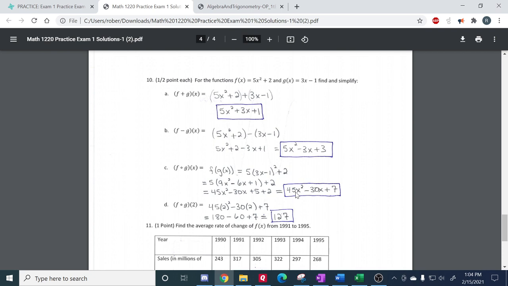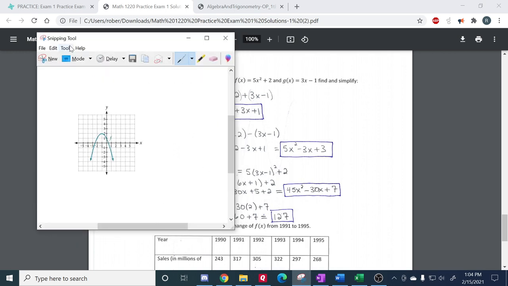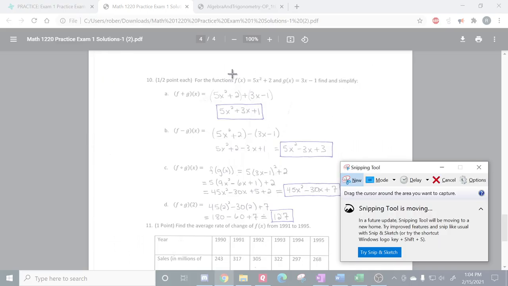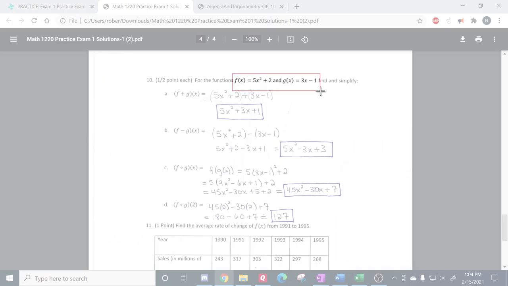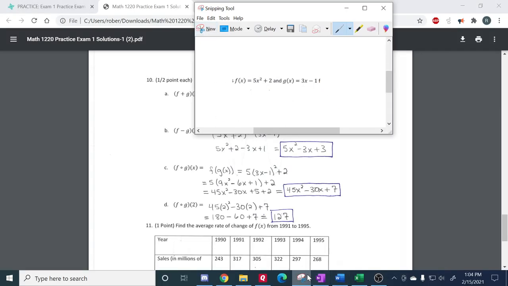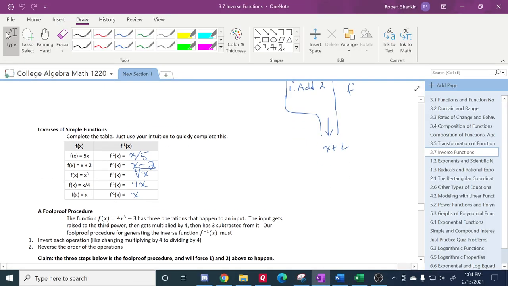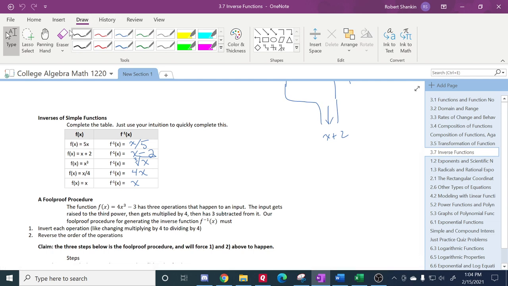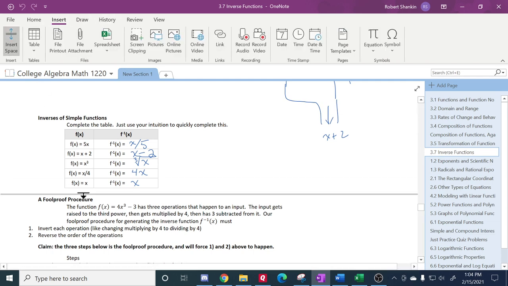Okay. What might help with that too is, you see, this was done all in one step. An option, instead of doing it as all in one step, is, these are the two functions. Take them over here. Get a little space.